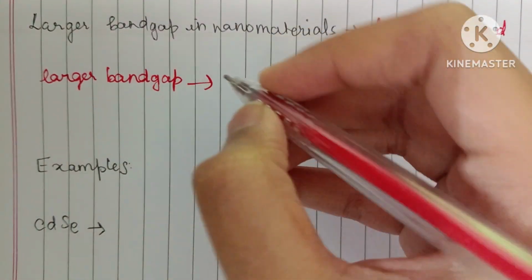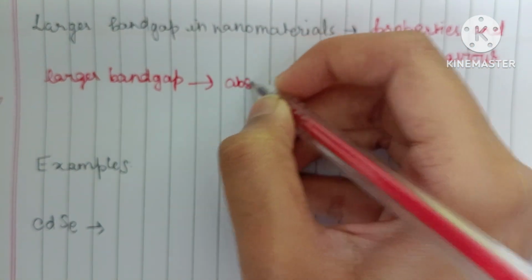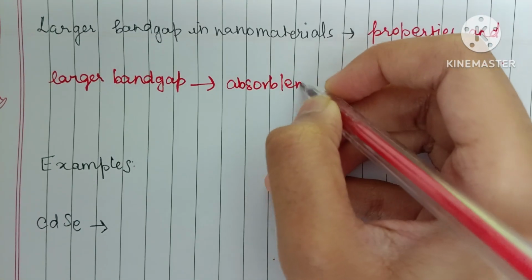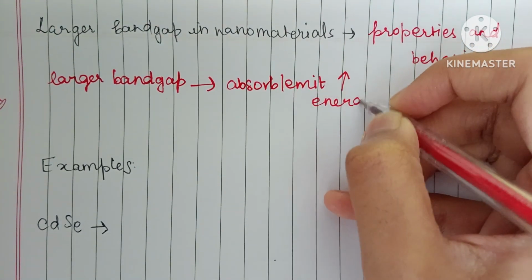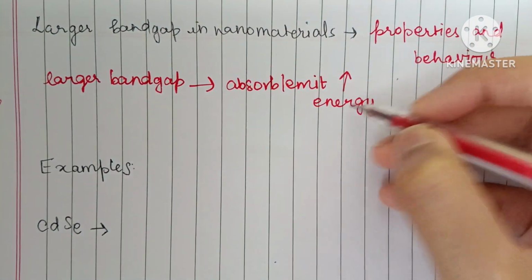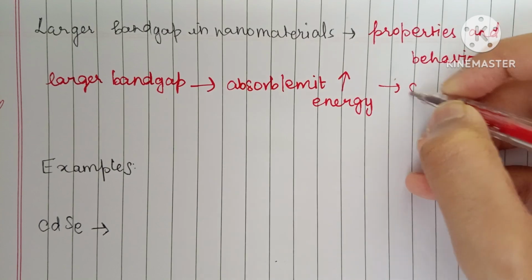A large band gap means that they absorb or emit higher energy, and higher energy means shorter wavelength.